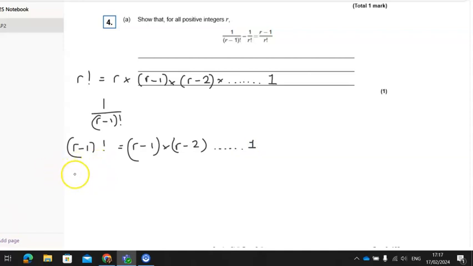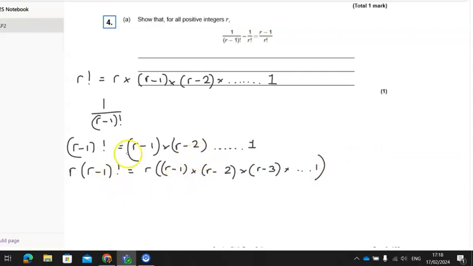If we times this by R, and we do R times R minus 1 factorial, and R times all those other ones, R minus 1 times R minus 2, and so on, we've now got something that's equal to something that we want.